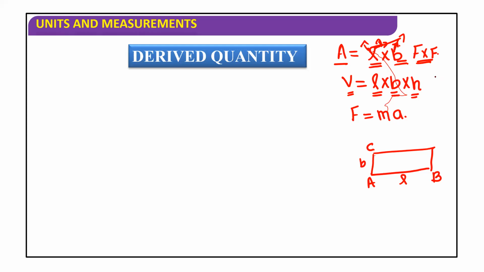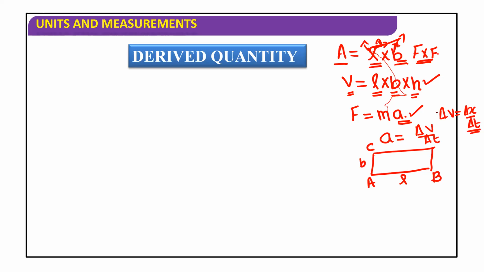Here also, volume is equal to length multiplied by breadth multiplied by height. Here force is equal to mass multiplied by acceleration. Let me tell you, the acceleration here is already a derived quantity because it is change in velocity divided by change in time, right? In order to obtain delta v, first of all, we must know the change in position with respect to time.